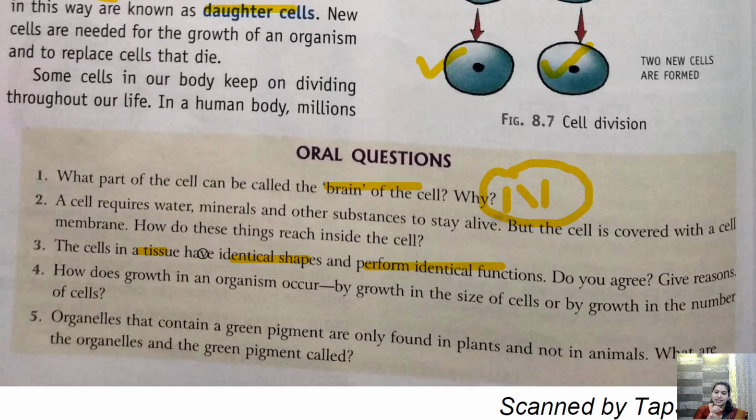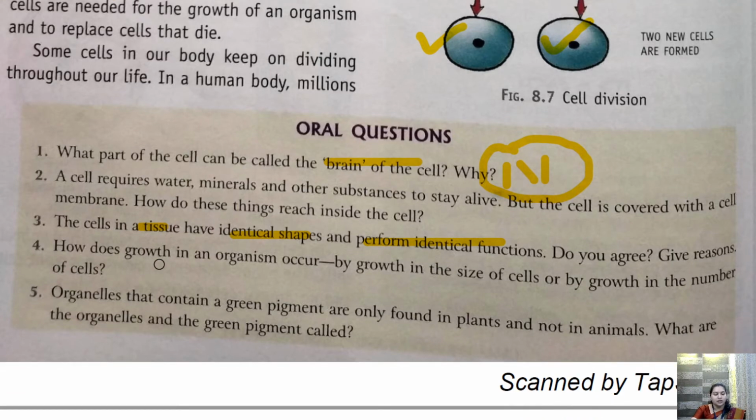So when many similar cells club together they form a tissue. So groups of similar cells are called tissues. Okay, so this is true. So the answer is, do you agree? Answer is yes, we agree. Why we agree? Because the tissues are the groups of similar cells and that is why they perform similar function.